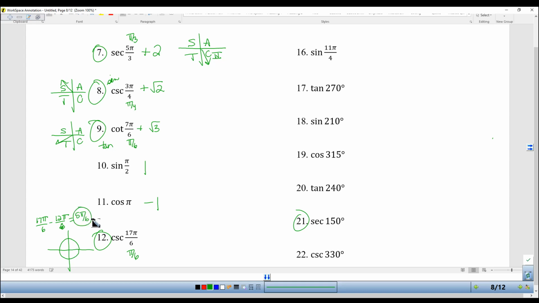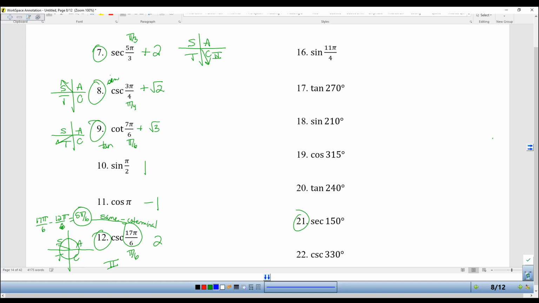So 5 pi 6 and 17 pi 6 are the same, and we call those coterminal. So 5 pi 6 is in quadrant 2. And in quadrant 2, according to my forecast, sine is positive, which means cosecant is also positive. Sine is 1/2, which means cosecant is 2.